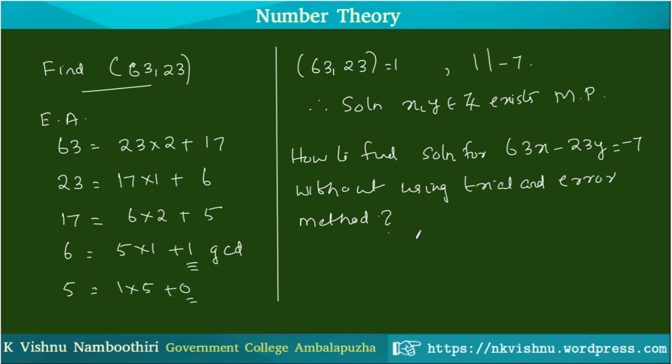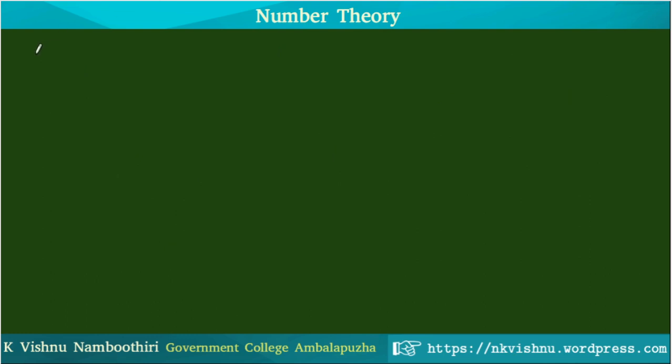Okay, the technique is going to be something like this. So we have to solve 63x minus 23y equal to minus 7. But we know that the GCD of 63 and 23 is 1, by Bezout's identity.